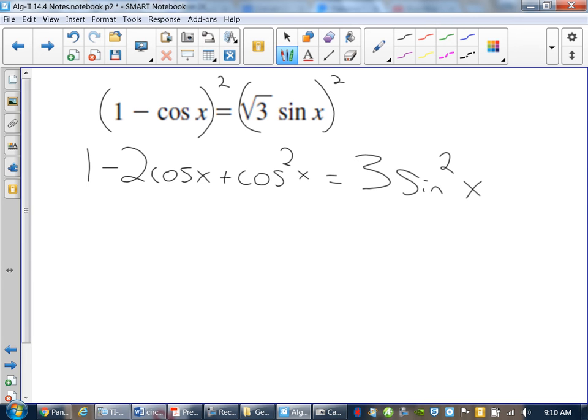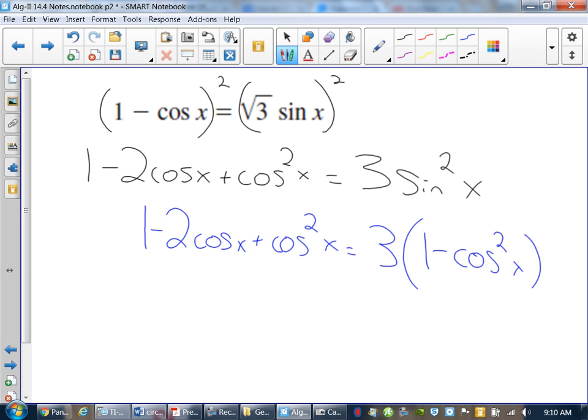So I can say that sine squared of x is going to equal 1 minus the cosine squared, just by moving this over. So I can use substitution because I have more cosines than I do sines. I'm rewriting sine squared in terms of cosines.